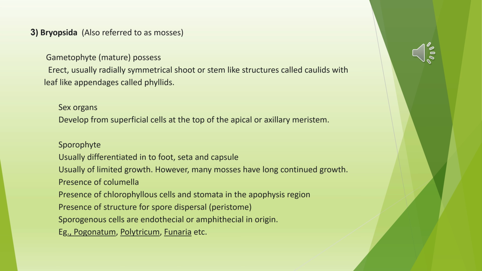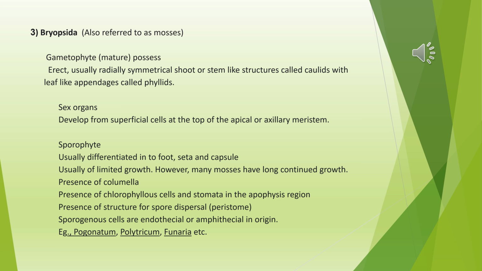Here, mature gametophytes possess erect, usually radially symmetrical shoot or stem-like structures called caulidia, with leaf-like appendages called phyllidia. Sex organs develop from superficial cells at the top of the apical or axillary meristem. Sporophytes are: 1. Usually differentiated into foot, seta, and capsule. 2.